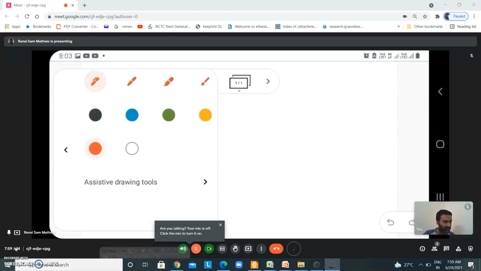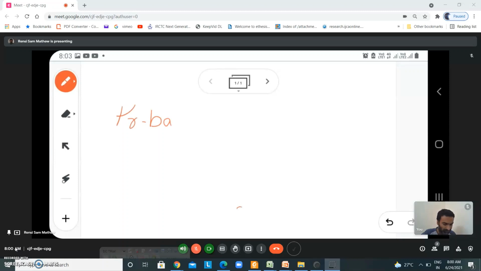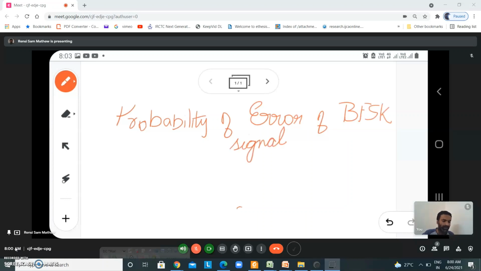So we will see this topic, probability of error of BFSK signal. And as an introduction, hope you remember the constellation diagram which we drew last class.